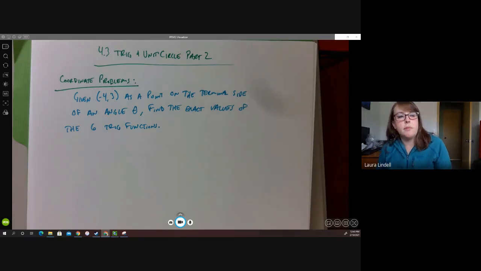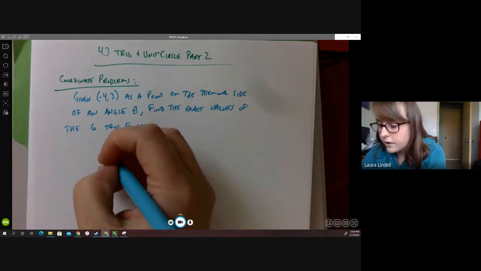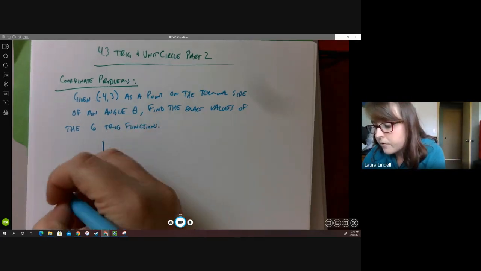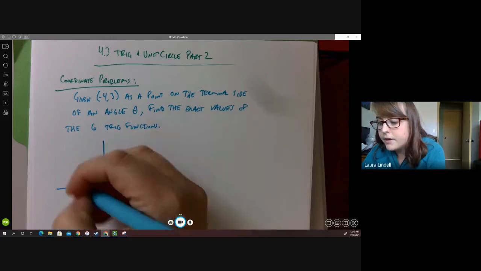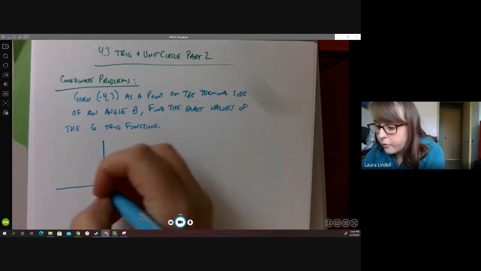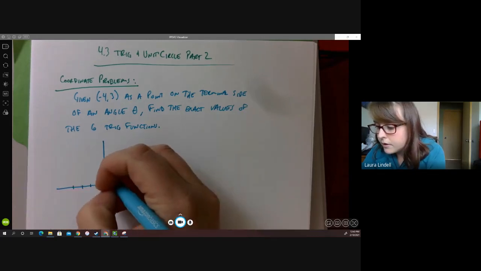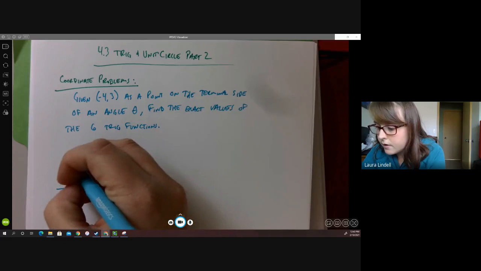And when we see a problem like this, what we're going to start with is drawing a picture of what is going on. So the coordinate (-4, 3) is in the second quadrant. And so we're going to just draw really quick a coordinate plane, and really, we need to only highlight the second quadrant here. (-4, 3), so 1, 2, 3, 4, 1, 2, 3.